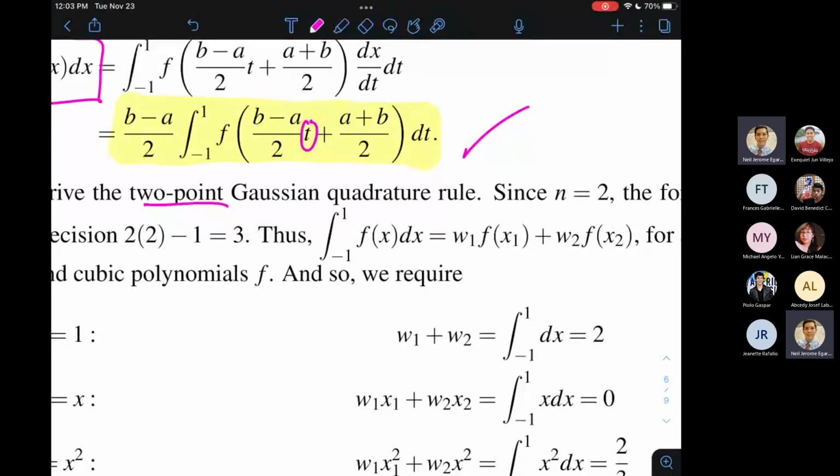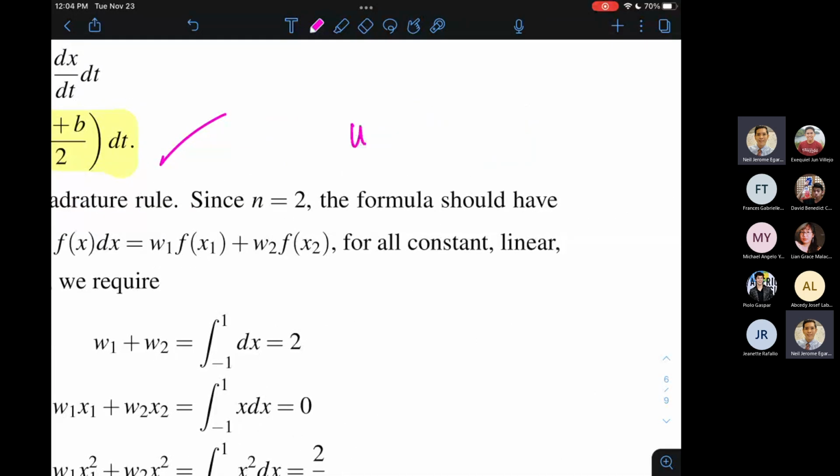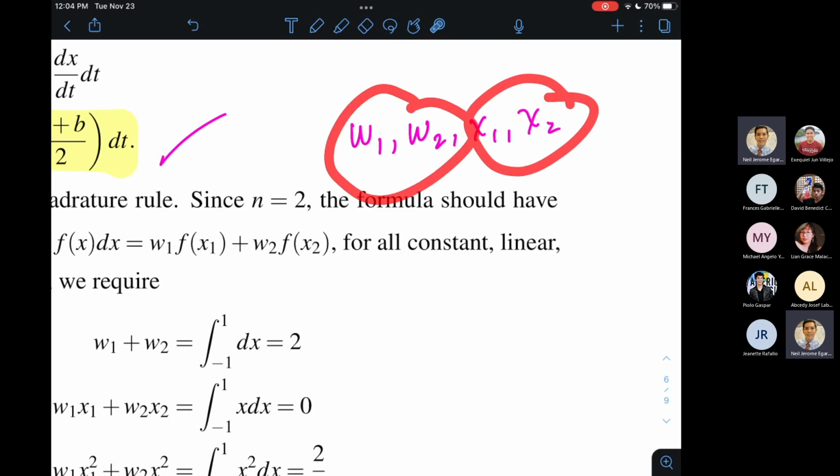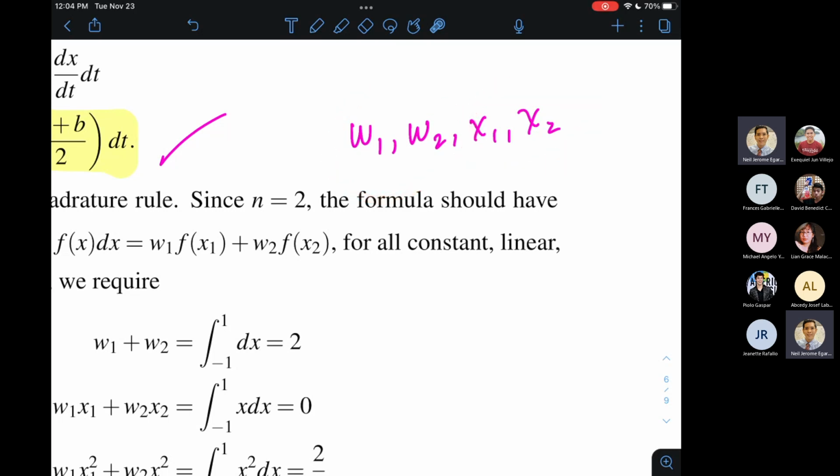Okay, 2 points yung gusto natin gamitin. So dahil ang n ay 2, we will have 4 unknowns. Ang mga unknowns natin ay w1, w2, x1, and x2, right? The two abscissas and their associated weights. Sila yung kailangan nating i-compute. Now, we will assume that the integration interval for a moment is the interval -1 to 1.